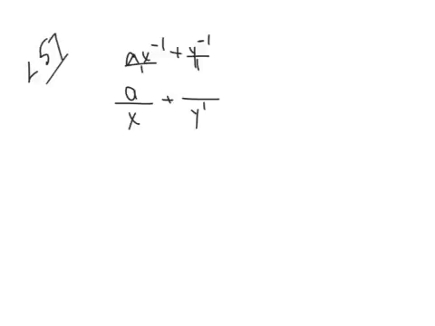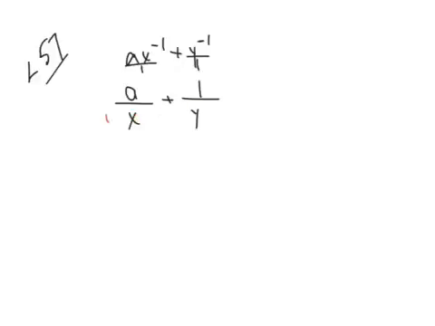But what goes on top? Well, when there's nothing on top, a 1 always goes there. So now they want us to add those two fractions together. If you remember, when you have a 1 as an exponent, you can just erase it. Alright, so now what do I do to add these? I have to have common denominators. So I look at my x and I say, what am I missing over here that I have over here?